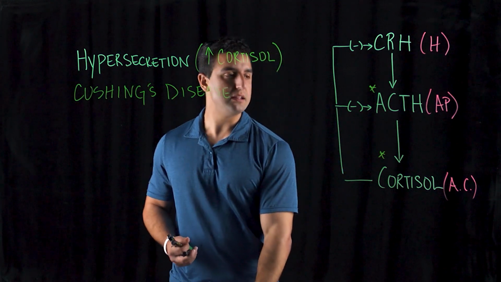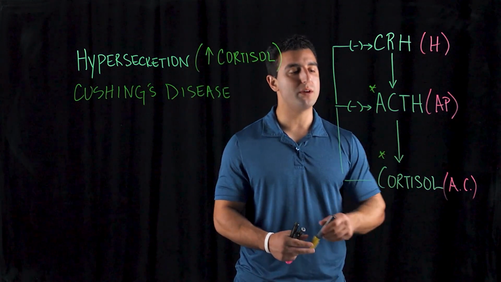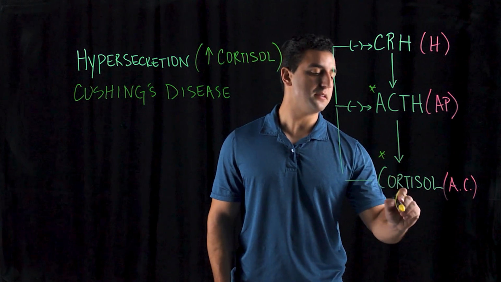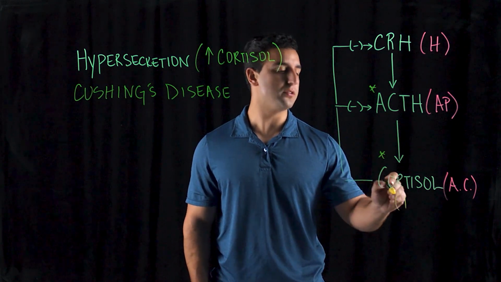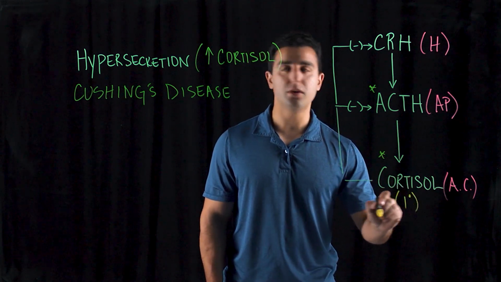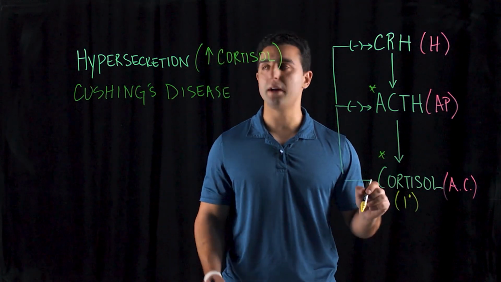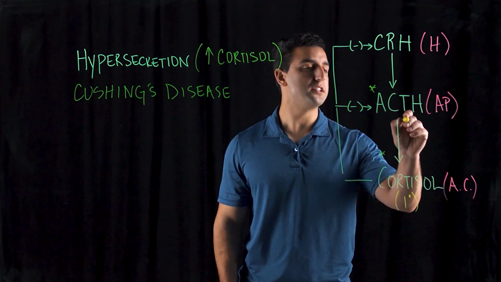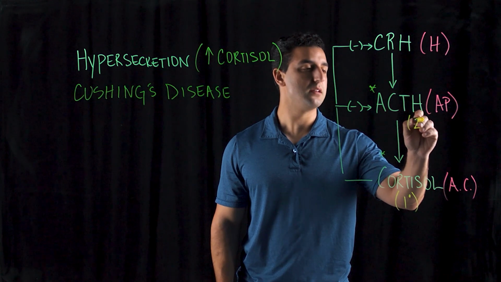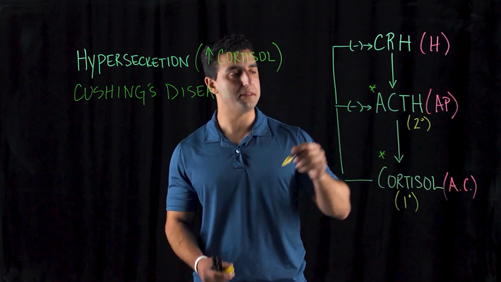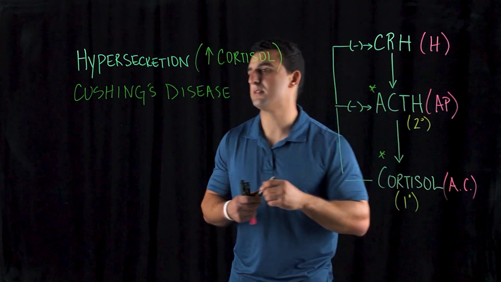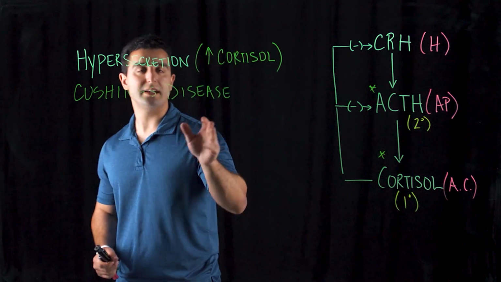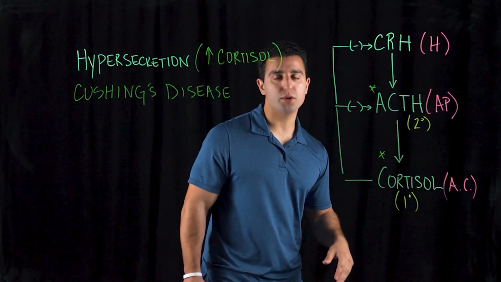And so when you look at these different mechanisms, when it affects specifically the adrenal glands, we call this a primary hypersecretion, versus when it affects the anterior pituitary or even the hypothalamus, we call this secondary responses, right? And Cushing's disease is, again, like I said, a hypersecretion of cortisol, right?